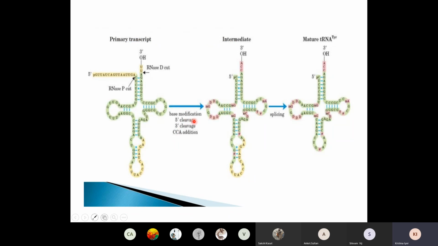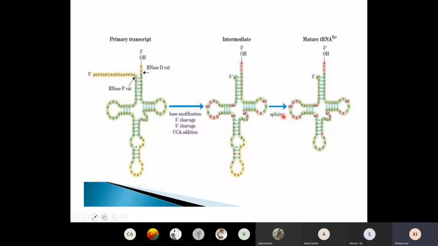Here is base modification, 5' cleavage, 3' cleavage, CCA addition. So see what has happened. Some sequences from here are removed, some sequences from here are removed, and then CCA is added at the end here. In addition to that, you get some splicing. Look at this part here. Part of it is removed to give you a shorter part, which is called splicing.